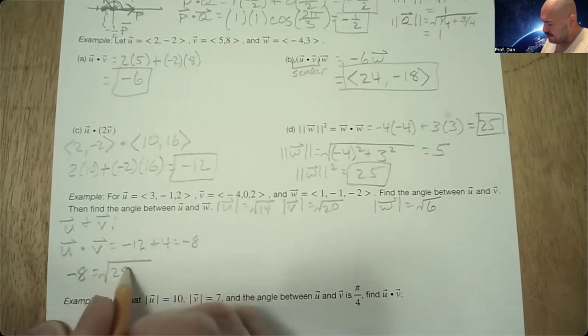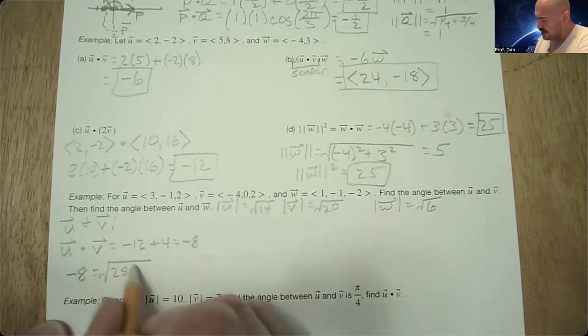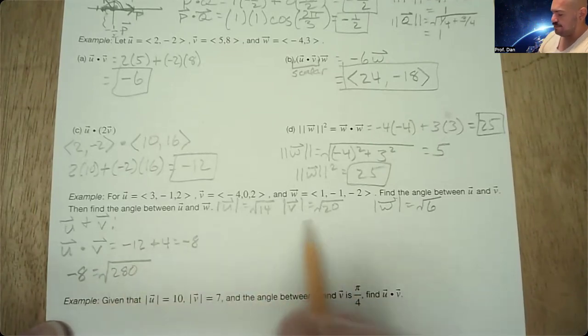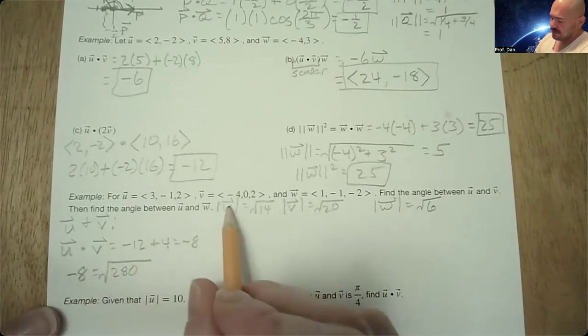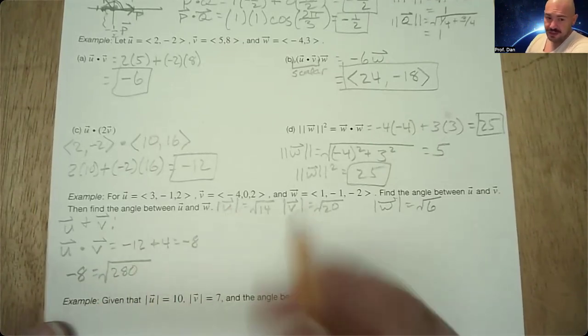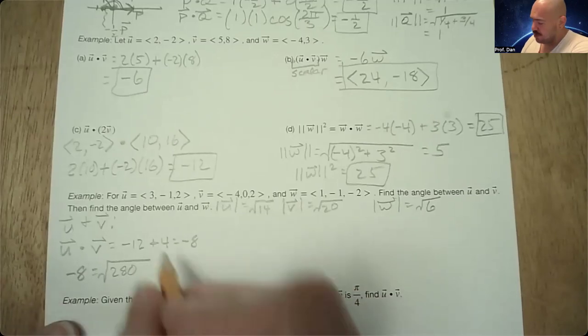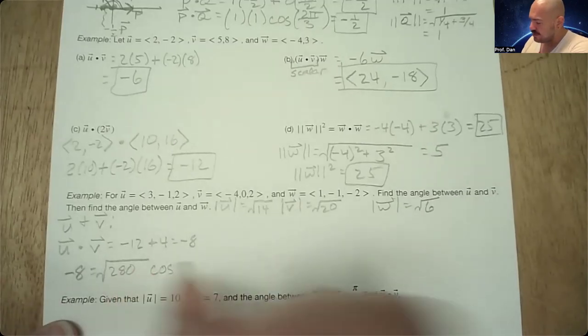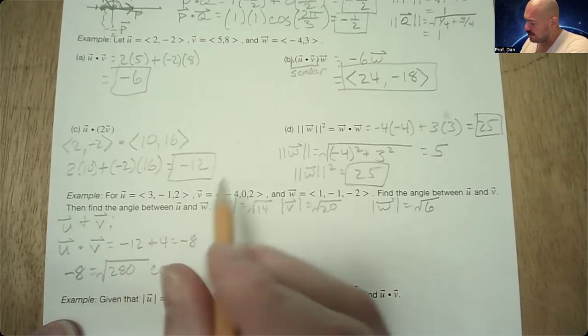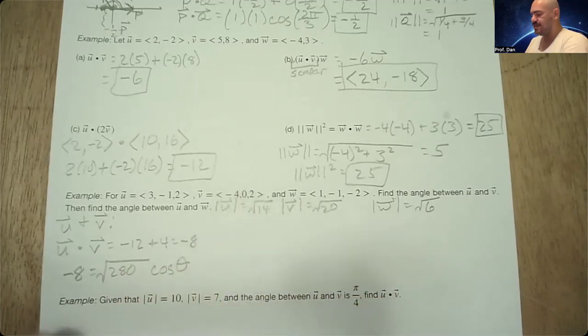All right, and 14 times 2 is 28. Put a 0 at the end, you got 280. So that's the magnitude of u times the magnitude of v. And we're multiplying that by cosine of theta, where theta is the angle between vector u and vector v.